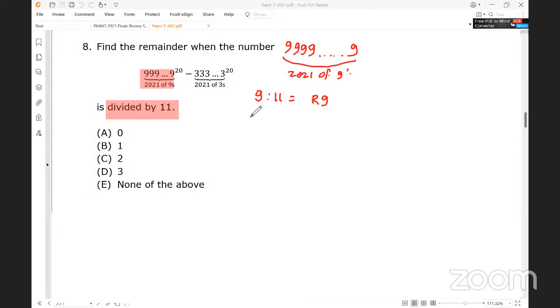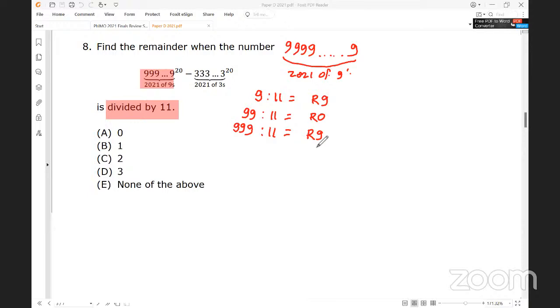Then 99 divided by 11, the remainder is 0. 999 divided by 11, the remainder will be 9 again. R is the remainder.